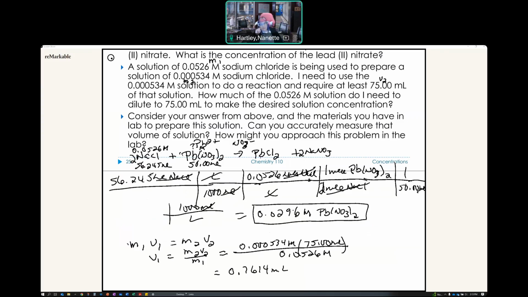Now I ask you, I know you haven't physically been in our lab, but do you know of any piece of equipment in the general chemistry laboratories that can measure that? My answer to you is no. We don't really have a way to be able to measure that volume in the labs that we have.